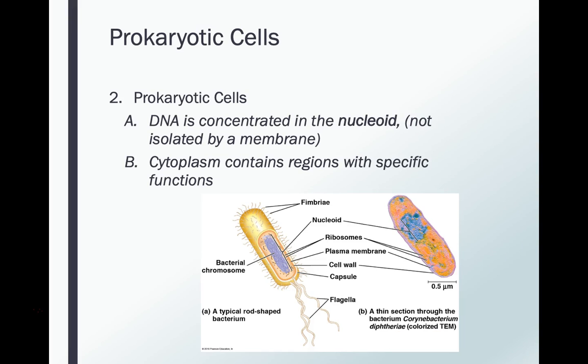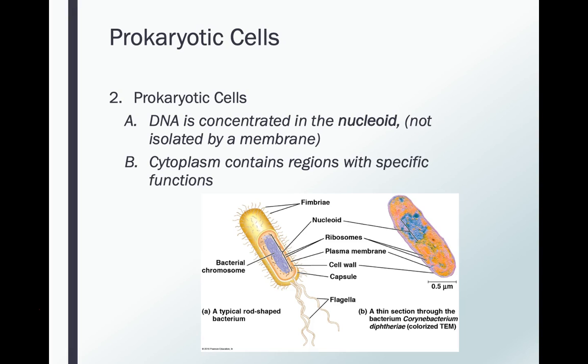Let's talk specifically about prokaryotic cells for a minute. Prokaryotic cells do not have a membrane-bound nucleus, and they do not have other membrane-bound organelles. But remember, they still have a cytoplasm, they still have cytosol, they still have a membrane around the outside, and of course they still have DNA and ribosomes.